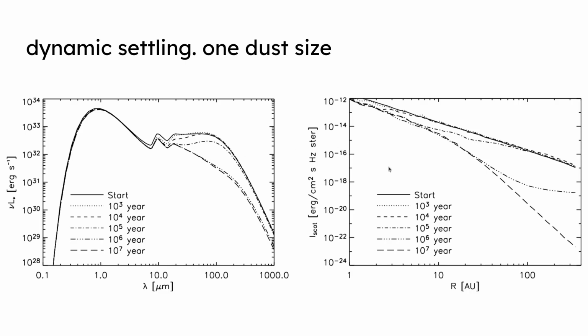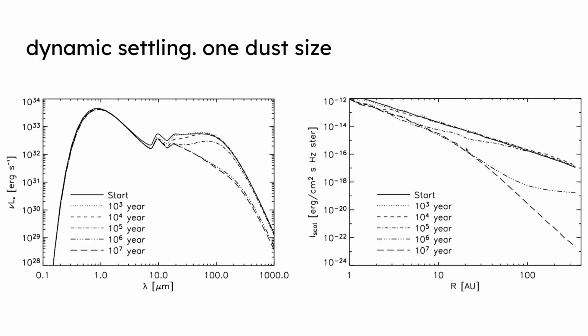And you can see it also here on this dependence of scattering intensity on the radius. Initially it goes like this, then as dust starts settling, it does that very quickly in the inner regions, but gradually in the outer ones.